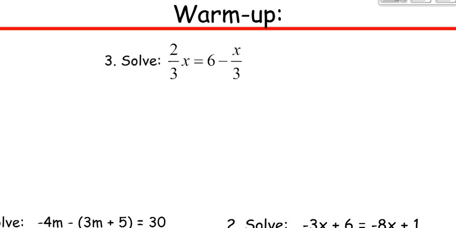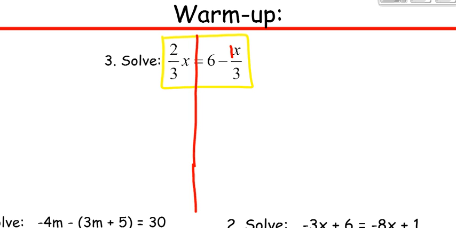All right, so I'm solving this right here: 2/3 x equals 6 minus x over 3. So again, if there's no number in front of the x, I'm going to slip a little 1 in there. On my left side, I've got one term only, and it has an x in it, so I'm going to leave that x there because I want my x's on the left.